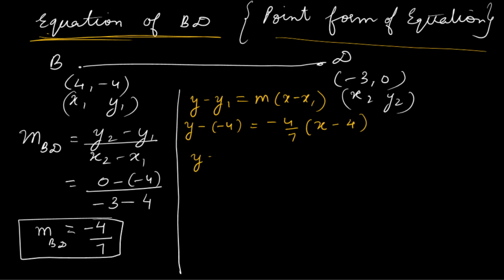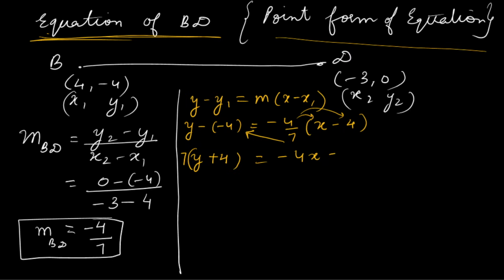So y minus minus is plus, y plus 4. We have to clear the fraction, so 7 we will shift to the other side, it will get multiplied. Now I am left with -4. For -4 we can multiply with x and -4, bracket multiplication. -4 into x is -4x. Minus is outside the bracket, so we have to change the inner sign.